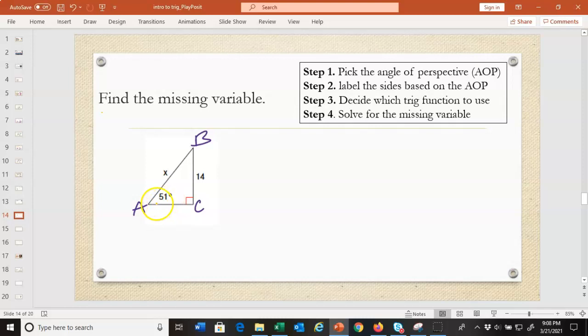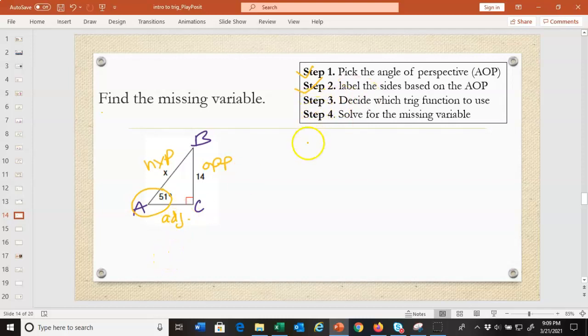So if we know two angles, you can always find the third. So you could definitely do that. But to skip that step, I'm just going to choose the angle that we have. I'm just going to choose A as my angle of perspective. And I'm going to go ahead and label my sides based on the angle of perspective, which is what we've already done before. So that makes this opposite. This is always hypotenuse, and this is adjacent.